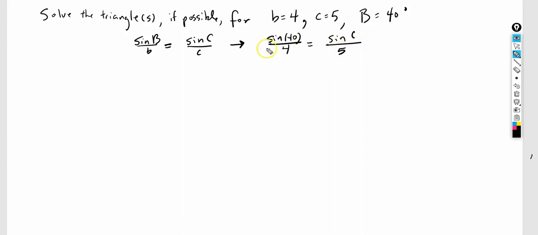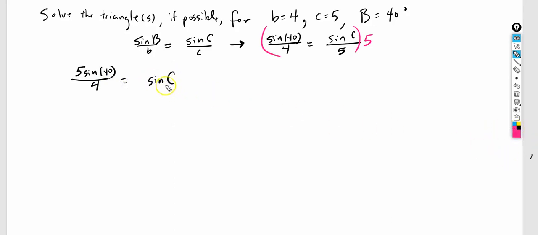All right, so now if I multiply both sides of this by 5, then I'm going to have 5 times sine of 40 divided by 4 is equal to the sine of C.